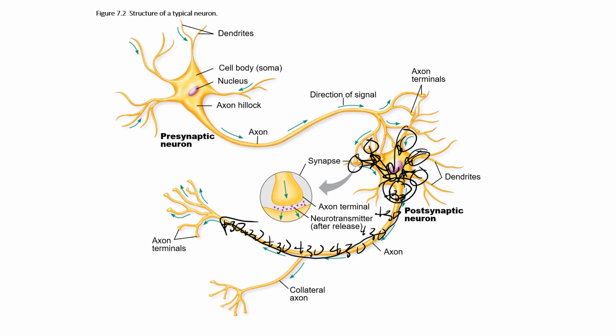So the sodium ions come into one region, they go into the next region, they open up more voltage-gated sodium channels, sodium rushes in, makes that region +30. So because of the fact that the entire axon and axon terminals and buttons are lined with, you'll see the buttons in a second, but are lined with voltage-gated sodium channels, the signal doesn't decrement at all. So action potentials are non-decremental.